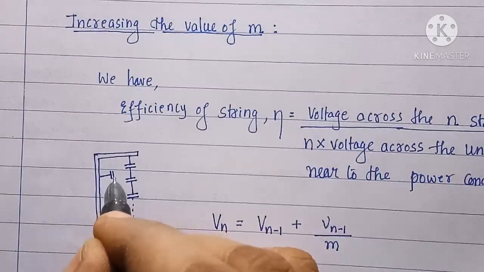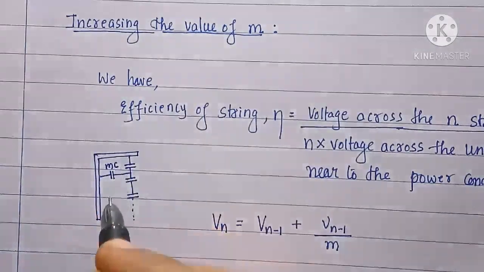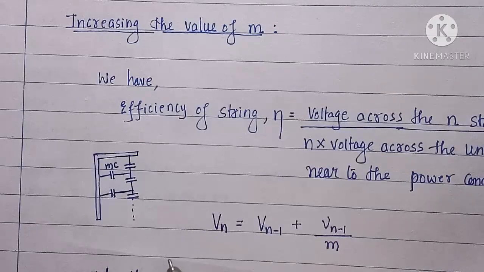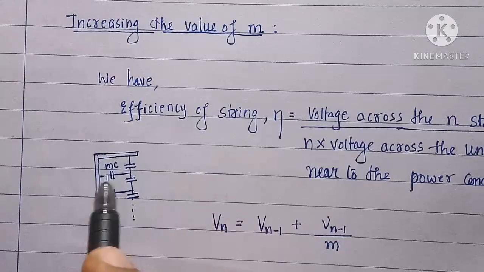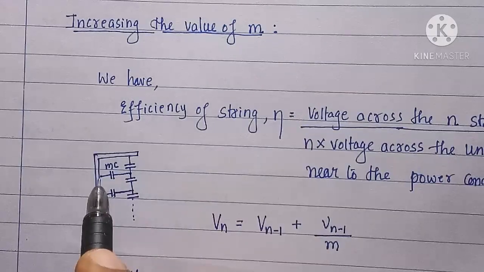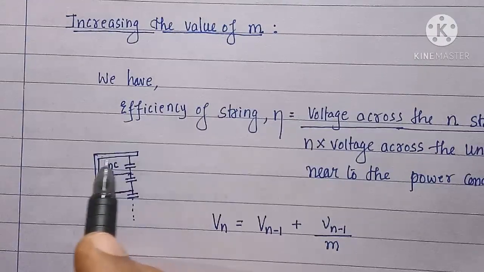And here also we show some capacitance, and its value is given by m into C. Similarly, we will be having here a capacitor whose capacitance is m into C. Now this m value depends on the distance between the string of insulators and the pole. That is nothing but the length of this cross arm.